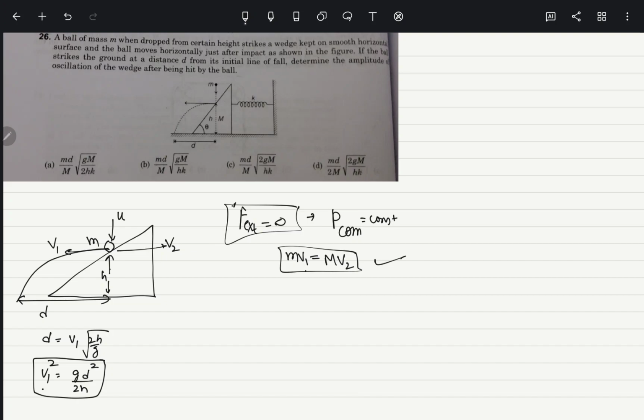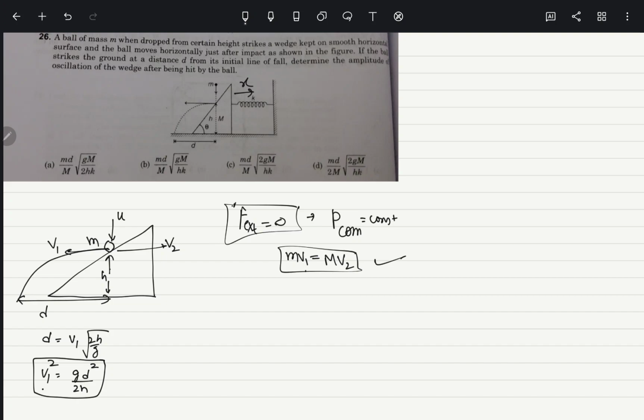Now we need v2 only because now we can apply work energy theorem, the energy conservation basically. If we apply work energy theorem on the wedge, the wedge has velocity v2, and with this velocity v2 it will compress the spring, and let's say the compression of the spring is x maximum.